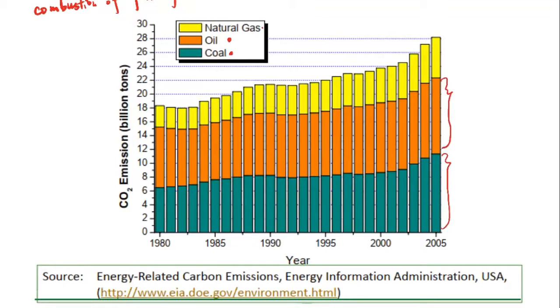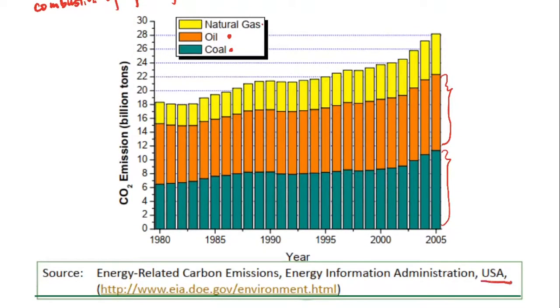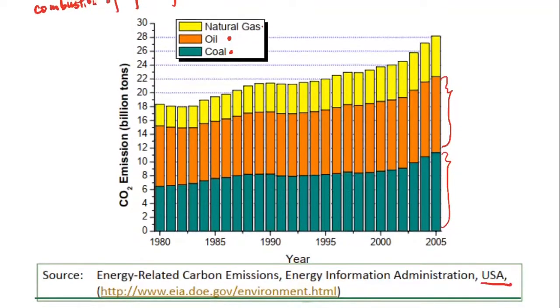So actually this also matches with the energy distribution, or the percentage of different energy sources in the United States. So this is talking about the United States. Okay. So basically coal combustion, or coal-fired power plants, provides around 40% of the electricity in the US.